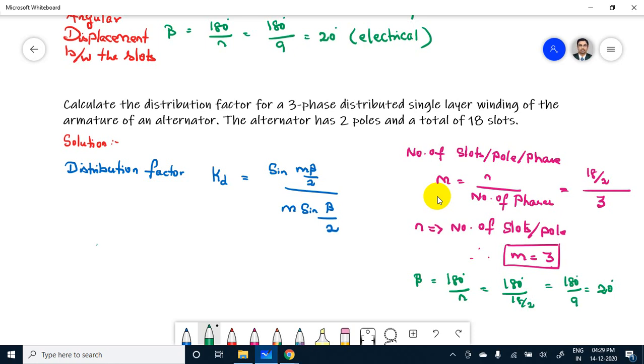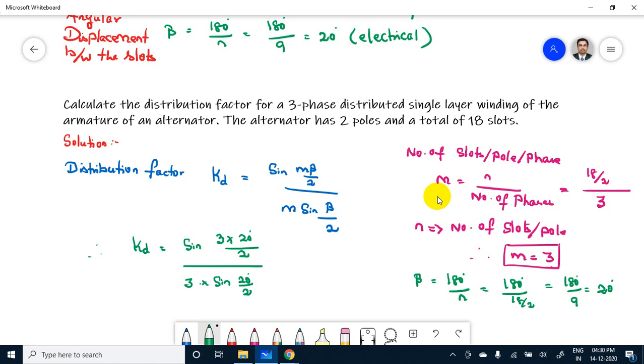Now substitute it. Therefore Kd equal to sine of 3 into 20 divided by 2, whole divided by 3 into sine of 20 degree divided by 2.